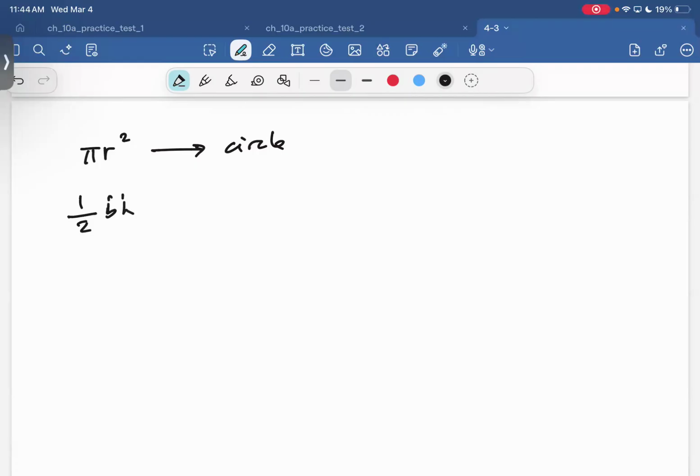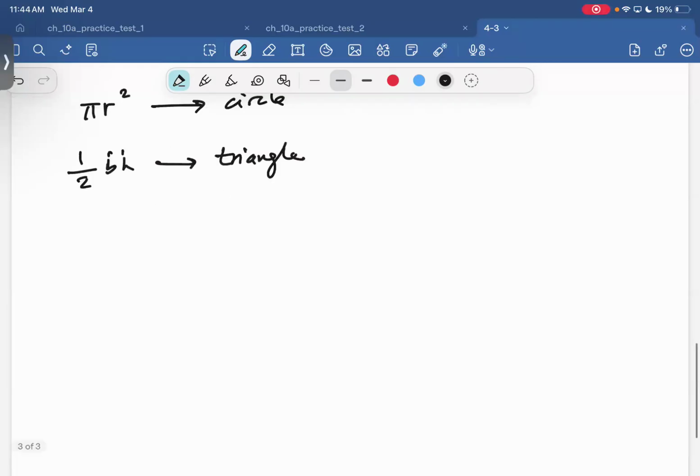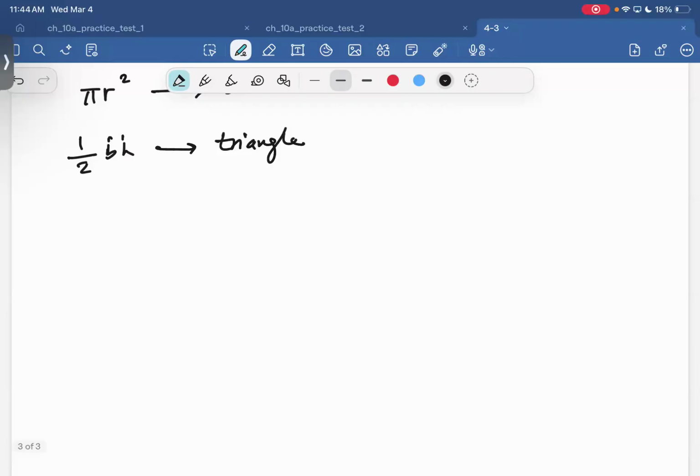It's the area of a triangle. So maybe I could do one or two questions from the backside just as an example. Let me do 47A.